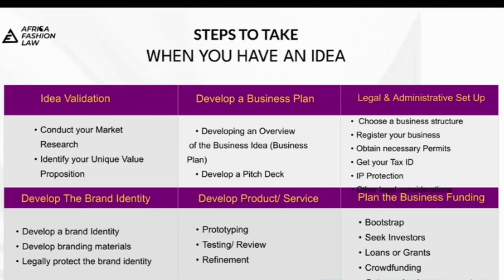Why I did not really specify is because different permits, different licenses work for different businesses. You need to get your tax ID. Usually, upon registering your business, you will get your tax ID. Then you need to protect your IP. And your IP can be protected through agreements in case you want to have a partner.